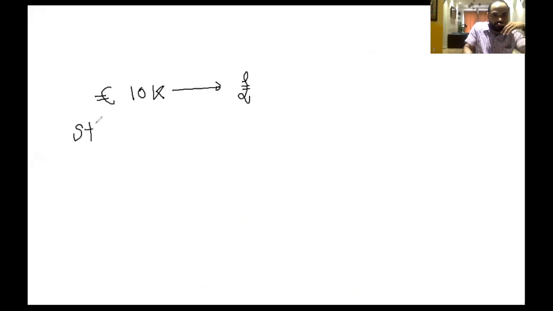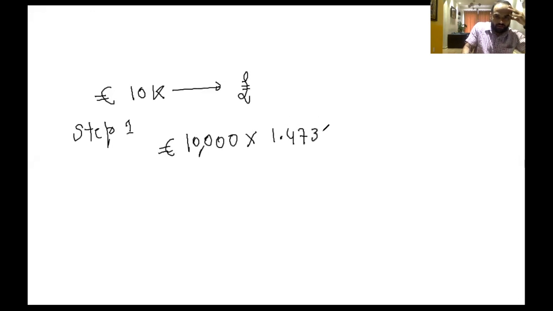Step one: you have 10,000 euro multiplied by the exchange rate, 1.4738. So you get $14,738, right? So we are using indirect quotation from the European terms point of view, or direct quotation from the American terms point of view.